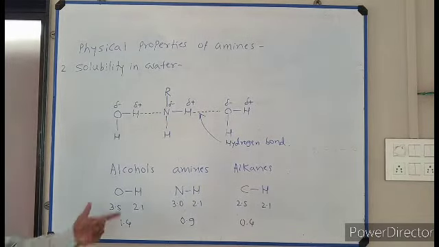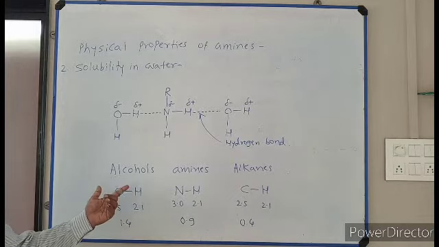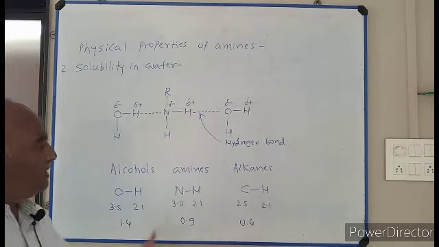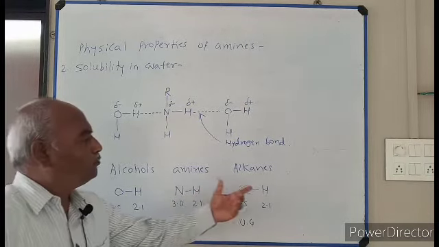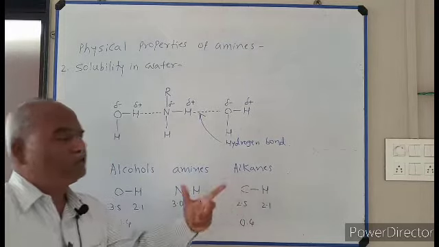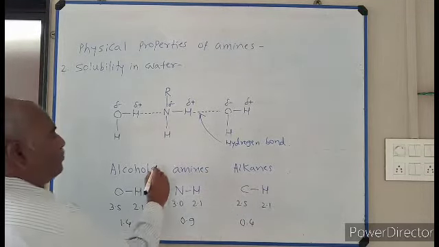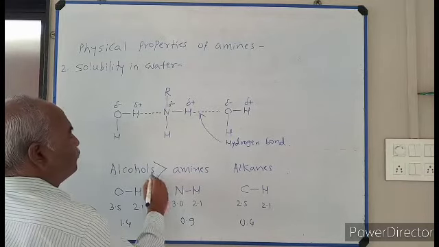Therefore, remember, the OH bond is more polar as compared to the NH bond. The NH bond is more polar as compared to the CH bond. Therefore, alcohols are more soluble in water.